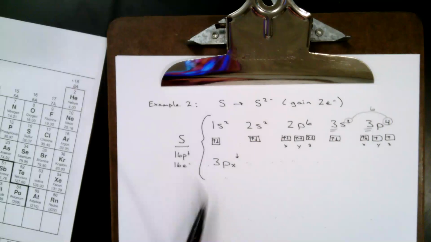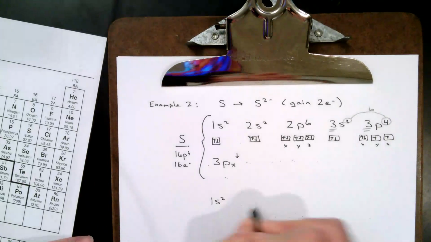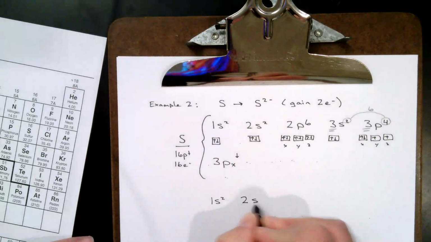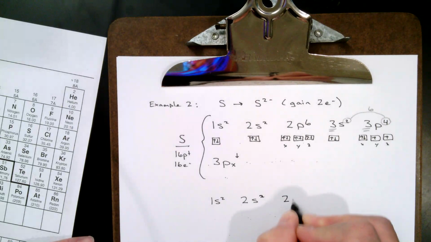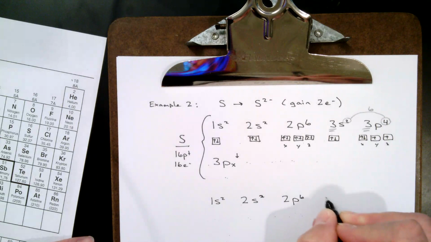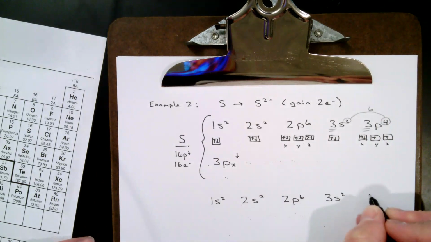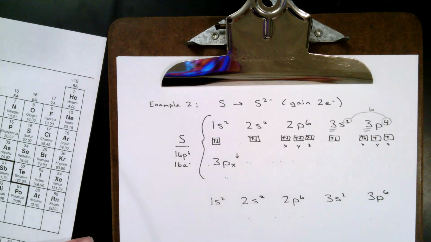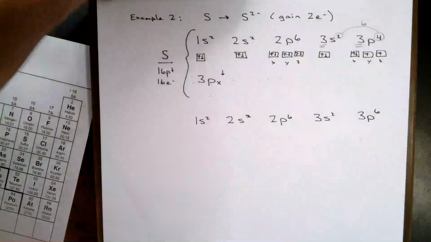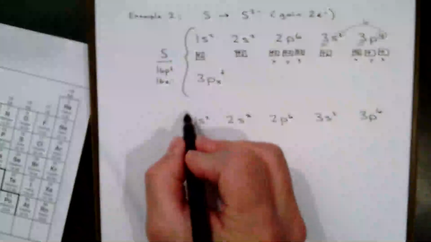So now let's take a look. If sulfur turned into an ion, we would have 1s2, 2s2, 2p6, 3s2, and 3p6, because it's going to add 2 electrons.